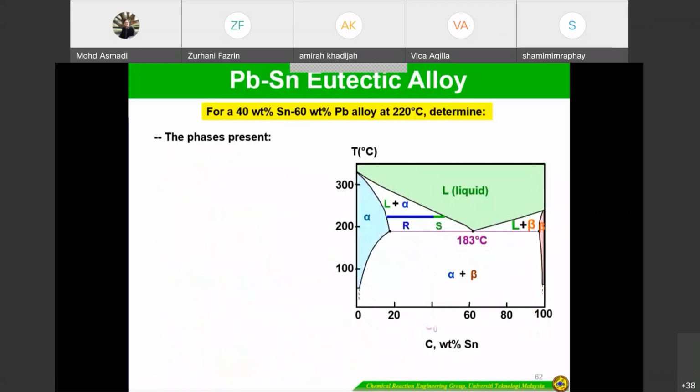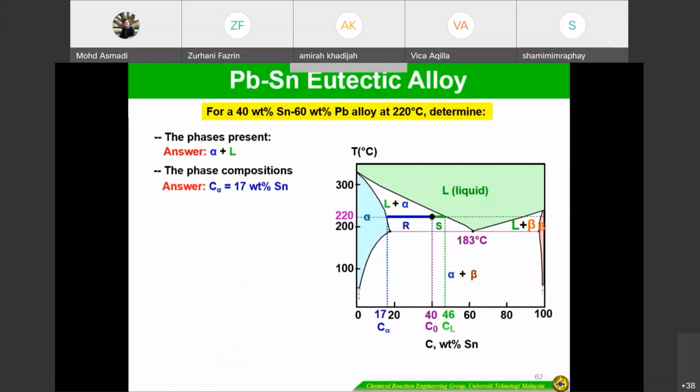Also, for the phase at 220 degrees C, just draw the vertical and horizontal lines. At 220, the phases are alpha and liquid. How about the composition? Draw the vertical line: alpha, 70% stannum.